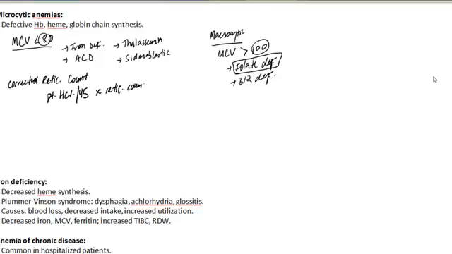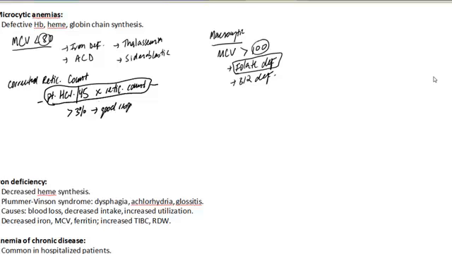So if they give you a reticulocyte count, you always have to do this formula to get a corrected reticulocyte count. And then based on that number, we're going to see whether there's a good response to the anemia or there's a poor response to the anemia. So if it's over 3% is your number, that's a good response.